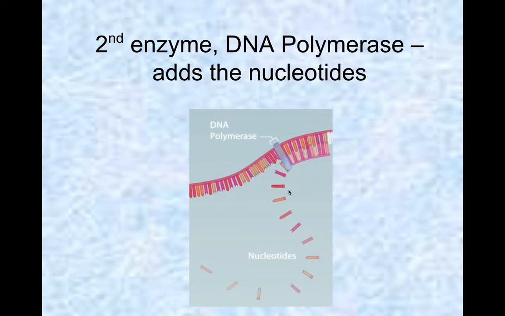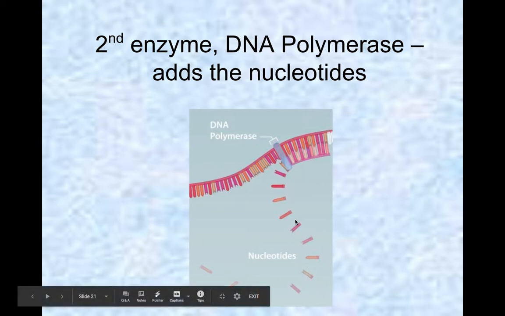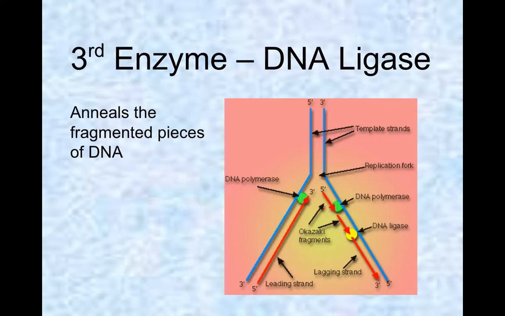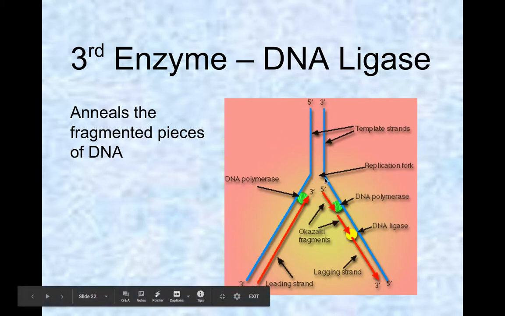DNA polymerase is going to pull free nucleotides from within the nucleus that are just sort of floating around, hanging there, and it's going to attach them to build a complementary strand to the original strand, okay? And then lastly, we're going to have an enzyme called ligase, which is going to pull all of the pieces together.